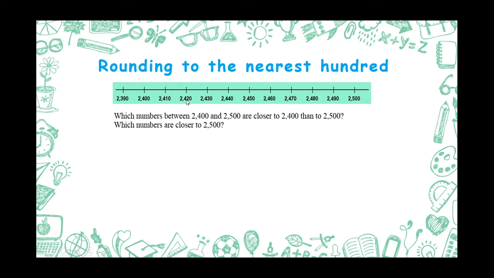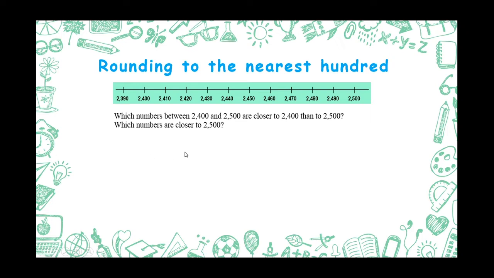Each number is 10 more. Okay, so this time we need to find which numbers between 2,400 and 2,500 are closer to 2,400. Where's 2,400? That's right here. And which numbers are closer to 2,500? 2,500 is here.